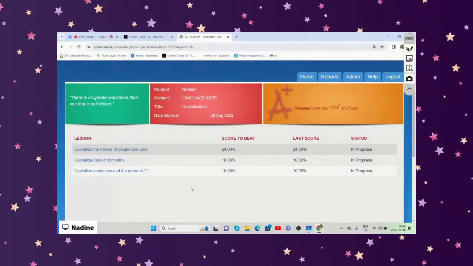So today we're going to find out what to capitalize, what not to capitalize, and basically the reasons or importance of capitalization.